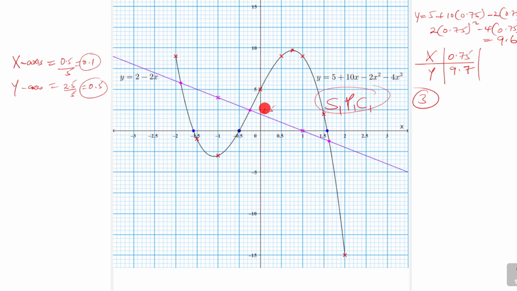So these are the 2 points that you're going to use. Using these points, draw a straight line and extend it using a ruler, passing through these 2 points. Ensure that you extend it so that it cuts the curve. After you draw that line, you always write the equation of that line against the line.